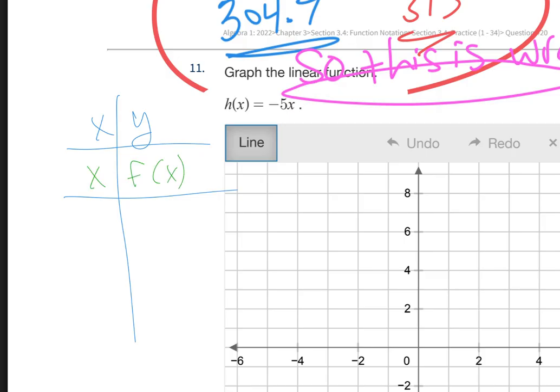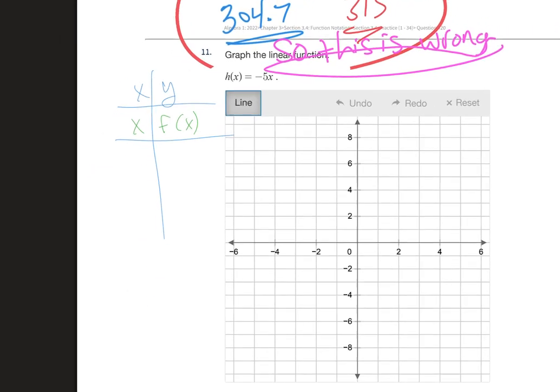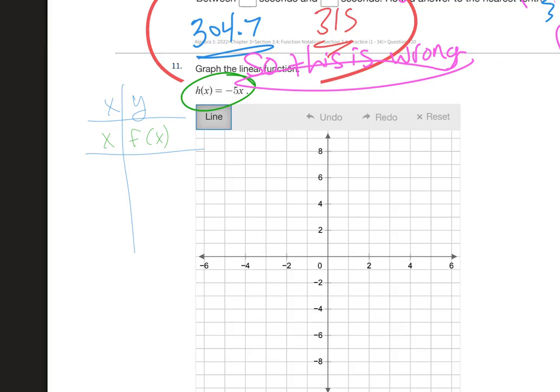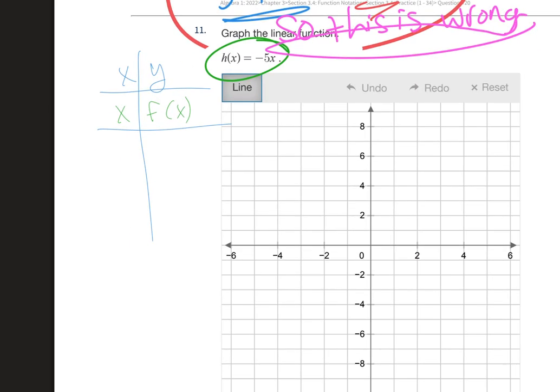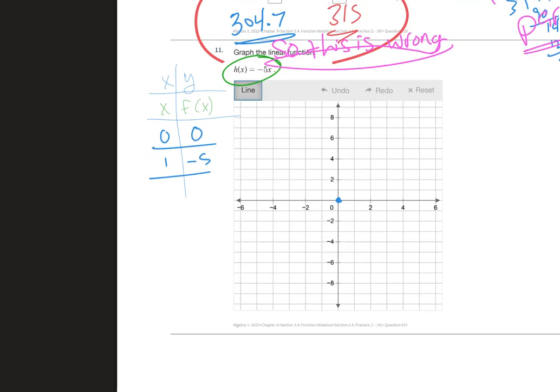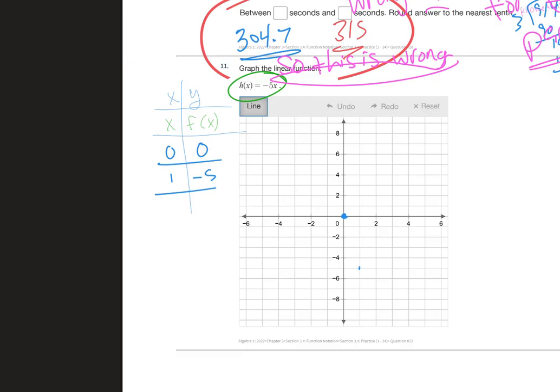So I'm going to show you this table and how I might construct one, but at the same time, this is in slope-intercept form, so we could graph it in a heartbeat, which is really fast, by the way. So I could plug in 0, and I would get 0. I could plug in 1, and I would get negative 5.